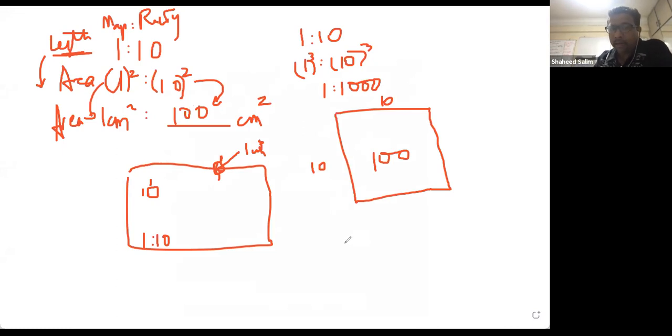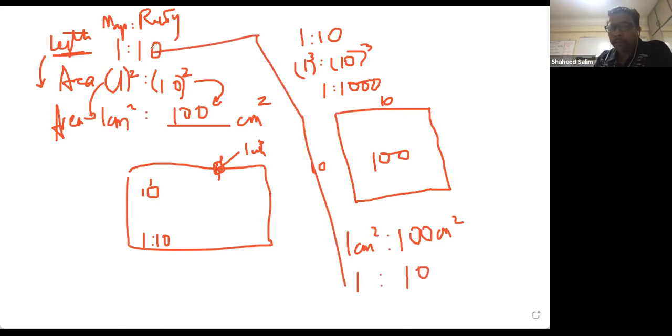Imagine now, you know now the area is 1:100. Now the area 1 square cm is the same as 100 square cm in reality. Now they want you to go back to give this form 1:10. How to get 10? Now you square root this. Square root of 1 is 1. Square root of 100 is 10. Can you see you get back?